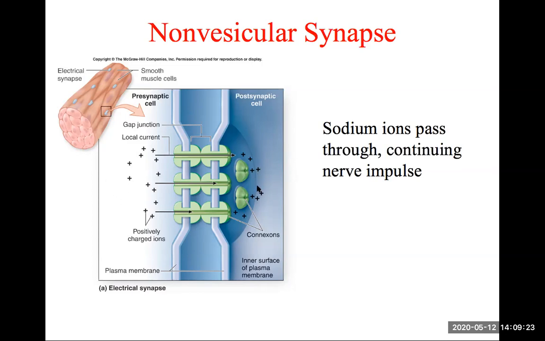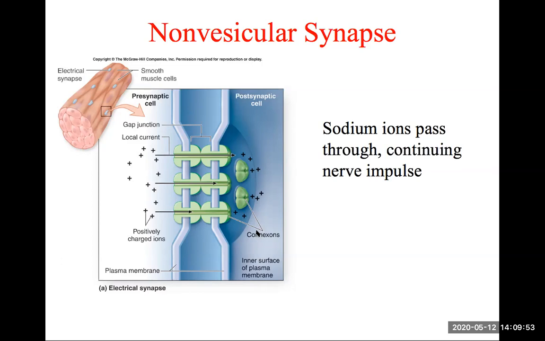Okay, so what can happen with these synapses is here's our sodium ions that have entered the presynaptic cell. So this is the cell that's already had an action potential travel down its length. The sodium ions go through these channels, and as they flood into the second cell, this postsynaptic cell, it creates a new action potential.